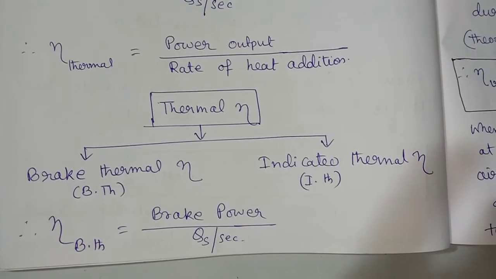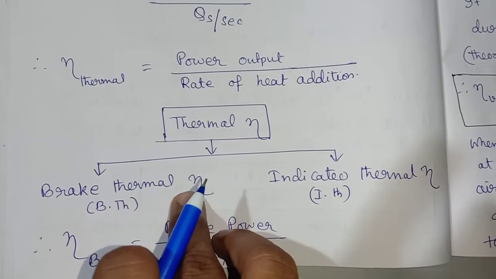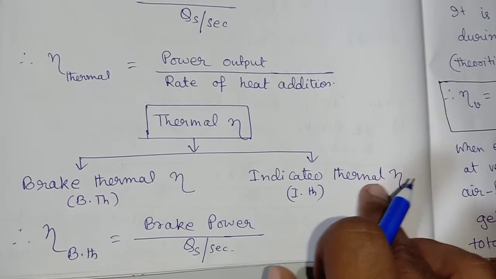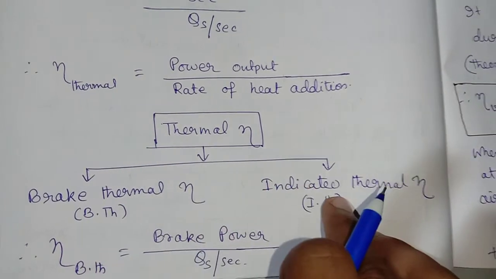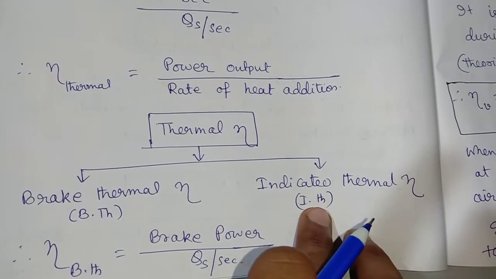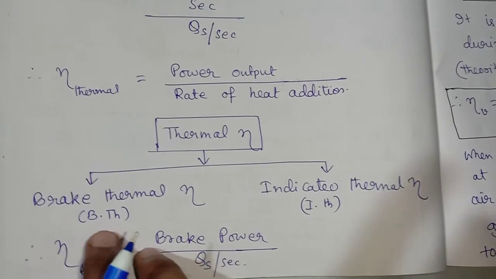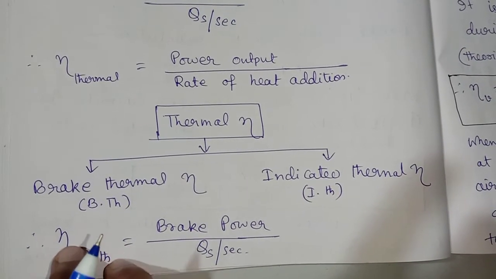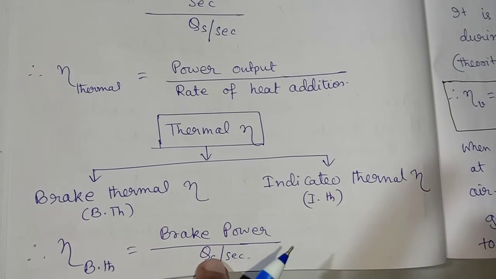Now we have two types of thermal efficiency. One is brake thermal efficiency and another is indicated thermal efficiency. Brake thermal efficiency is denoted by η_b,th and indicated thermal efficiency is denoted by η_i,th. Brake thermal efficiency is equal to brake power by rate of heat addition.